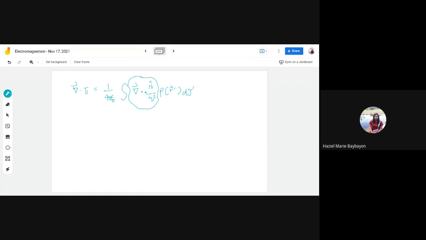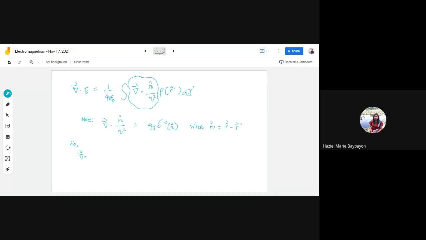If you can recall, who can recall, class, the divergence of r hat over r squared is equal to 4 pi multiplied by the Dirac delta function in 3 dimensions, where again the separation vector r is equal to r minus r prime.